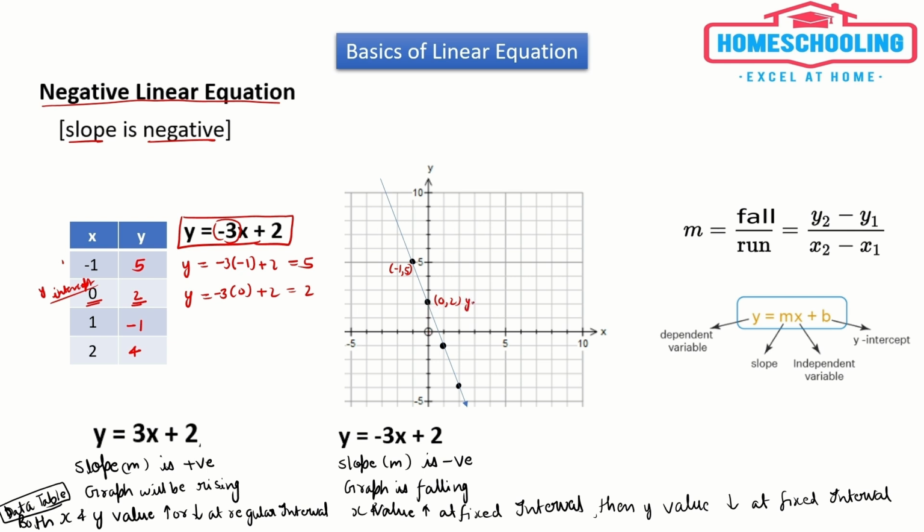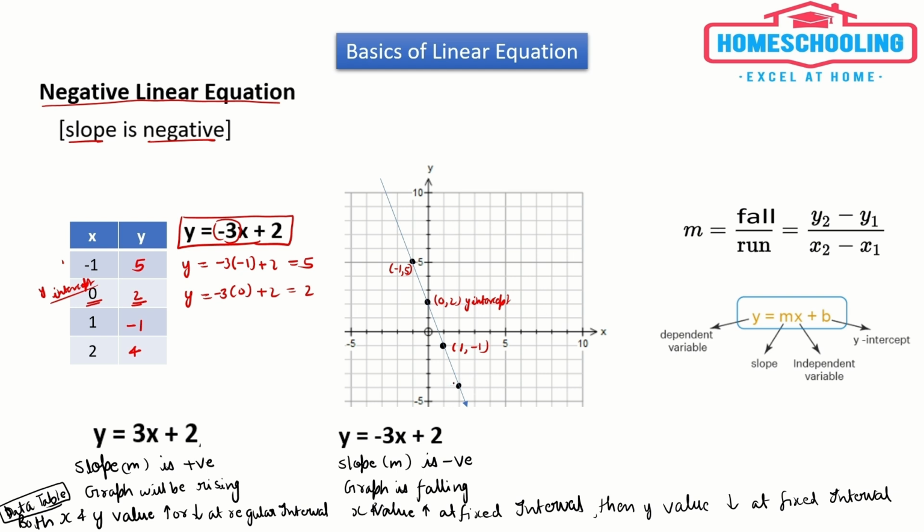And this can also be called the y-intercept, because here x value is 0 and y is 2. Now when x is 1, y is negative 1. So x is positive 1 and y is negative 1. Then when x is 2, y is 4.